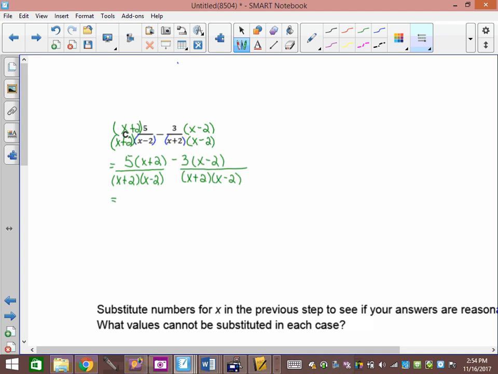So on the top, you're going to get 5x plus 10 over x plus 2, x minus 2, minus 3x minus 6. It will be when you actually do the math, as long as you don't mess it up.